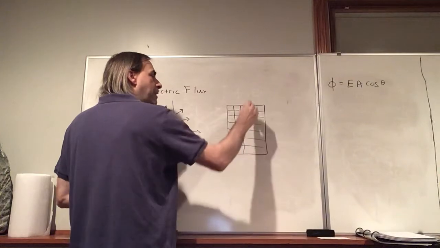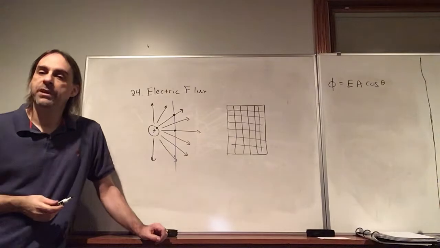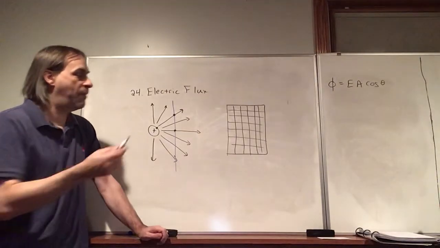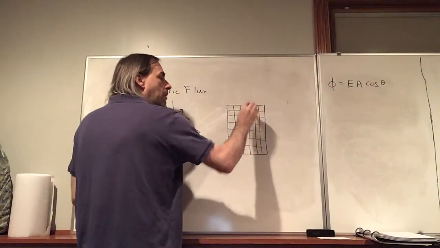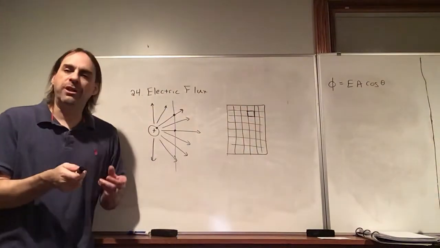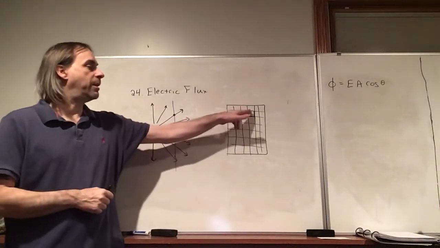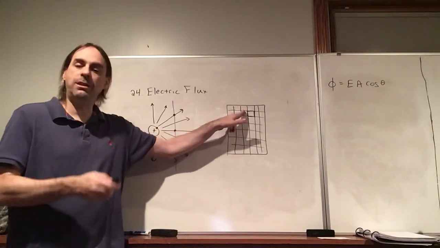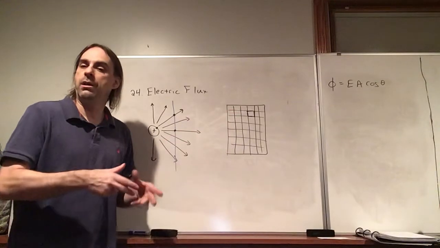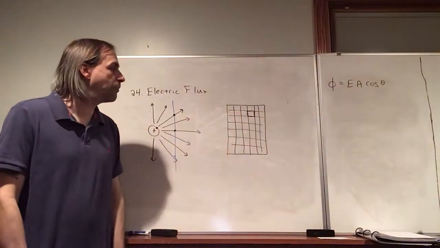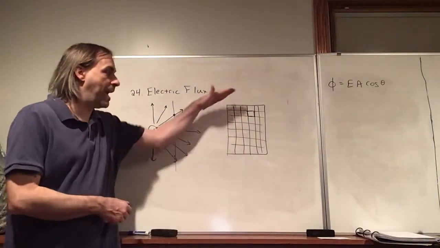Let's say we break it up into small pieces, small enough that if we look at one of these pieces at random, we can say that in this small region the electric field lines are basically parallel and the same magnitude. So we can calculate the flux through this piece, and then this piece, where the magnitude might be different and it might be pointing in a different direction, but it's still constant enough in that region. So we can calculate the flux through each of these pieces individually and then just add it up over the entire surface.